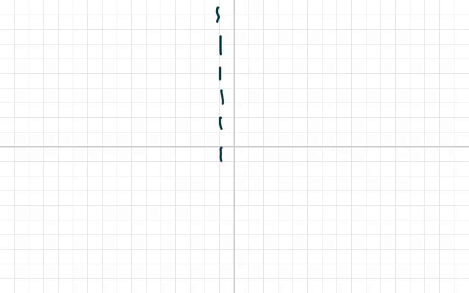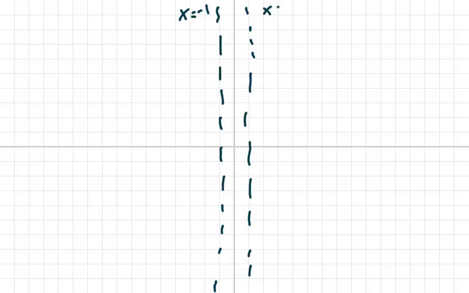My vertical asymptotes, my lines, at x equals negative 1 and x equals 1. Okay, so this is x equals 1. There's no horizontal or oblique. And I'm just going to plot my points.